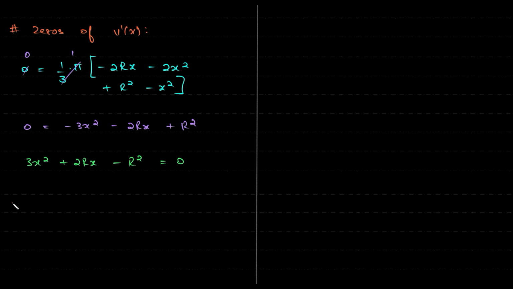Now, we need to simplify this. So let's make use of the discriminant. This is the solution for the above quadratic equation. So we're going to find the discriminant, which is b square minus 4ac. Here b is 2r, the whole square.